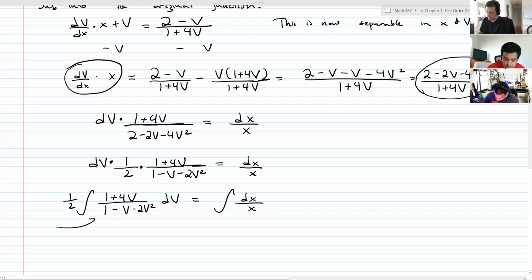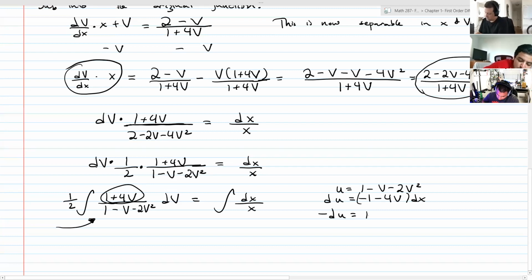This one you can actually use a u substitution. We'll let u equal 1 minus v minus 2v squared. So du will end up equaling negative 1 minus 4v, and we want to make that into 1 plus 4v. So negative du is then going to equal 1 plus 4v, not dx, but dv, excuse me, 1 plus 4v dv.